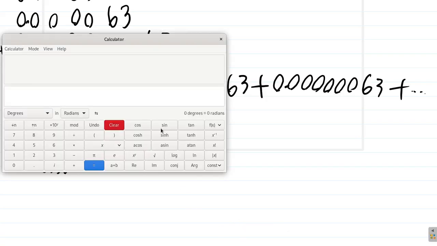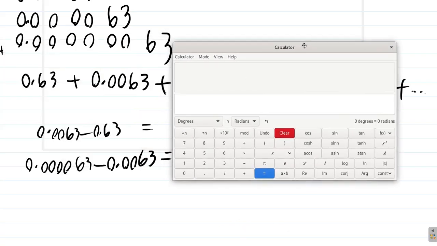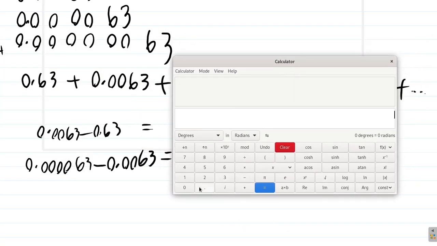So if we try that, we're going to have 0.0063 minus 0.63, and we get, oh, the other way around, we should subtract it. 0.63 minus 0.0063, and we get 0.6237.